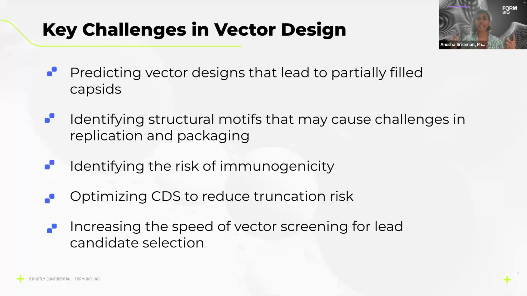And lastly, it is to accelerate the screening process so that we can identify the lead gene therapy vector. This is very crucial for expediting the development and translating the promising candidates into clinical applications. So in the following slides, we'll go into more details on how FormSight can mitigate these challenges using in silico predictions, and how we are able to de-risk the safety and manufacturability of gene therapy vectors.